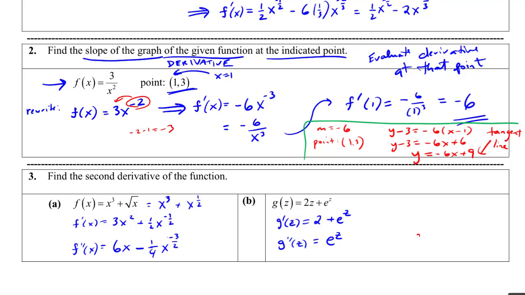Now imagine I was asked for the 793rd derivative of g. Well, notice it's just e to the z. So the 793rd derivative of g here would still just be e to the z, just to make a point. Okay, good.